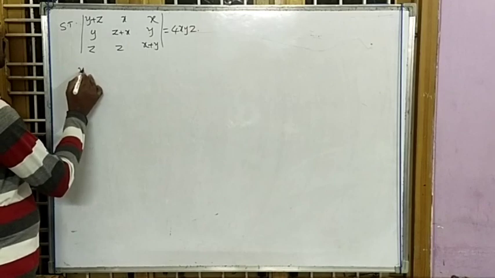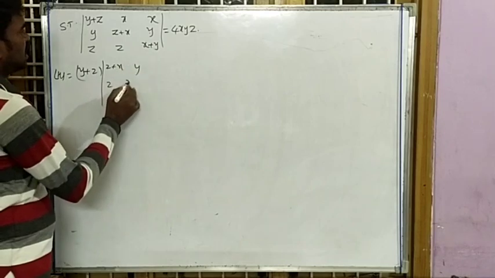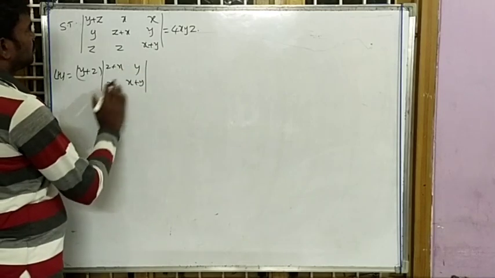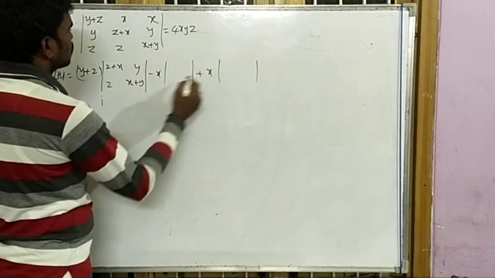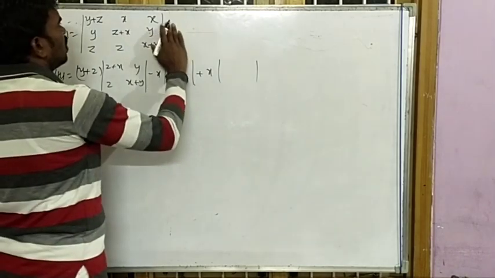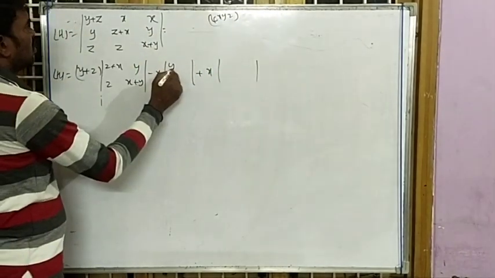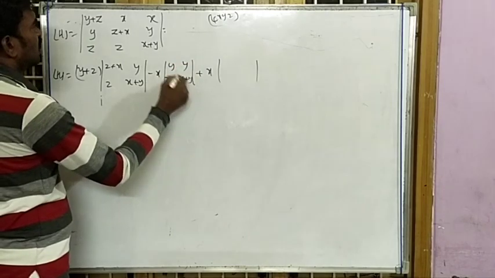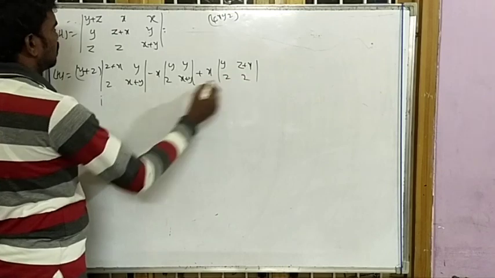How to find? I am finding the LHS. I have taken the LHS. Okay, we should prove 4xyz. So x into y, y z x plus y, x into y z plus x z z.